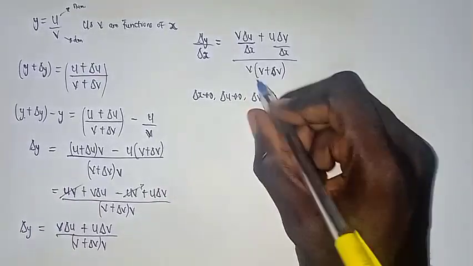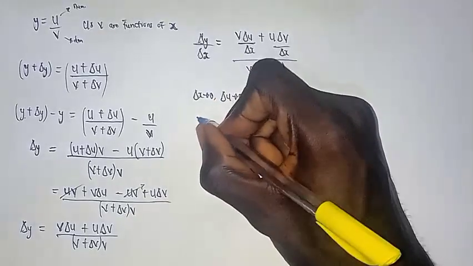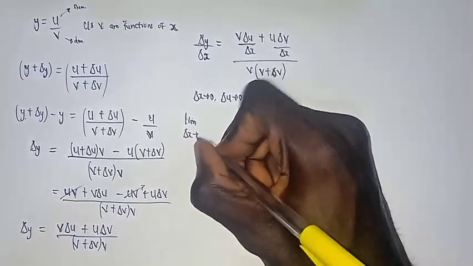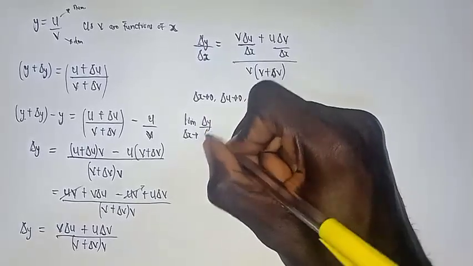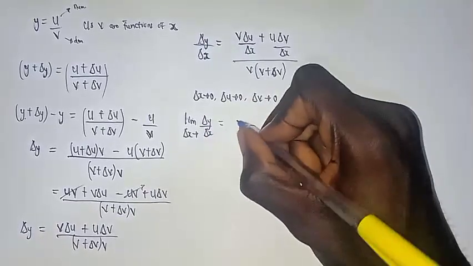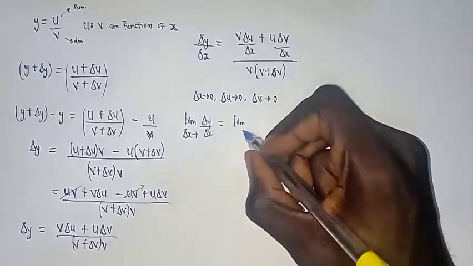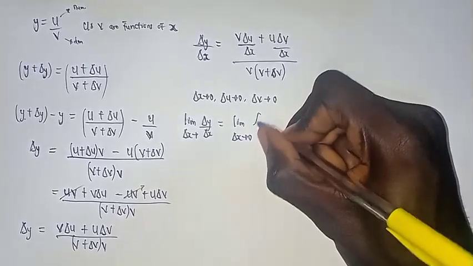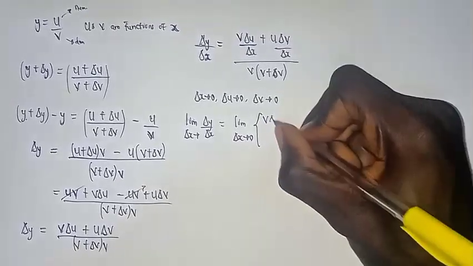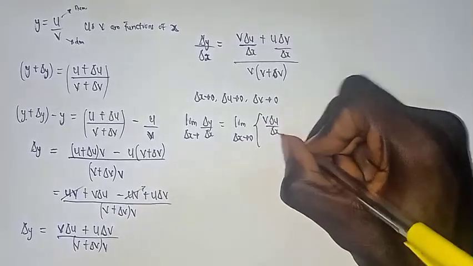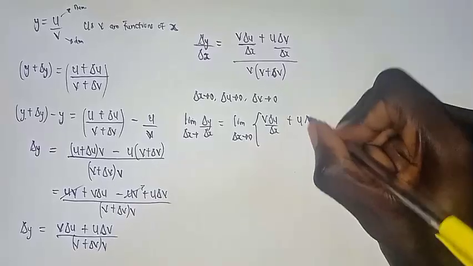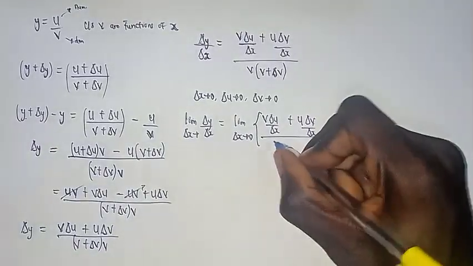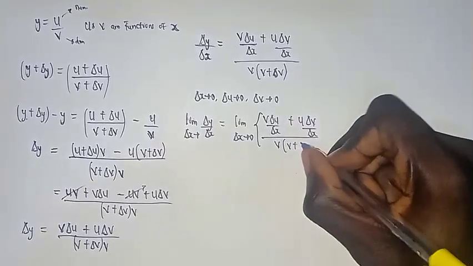So by taking the limit of this function, we have that limit as delta x approaches 0 of delta y over delta x is equal to limit as delta x approaches 0 of v delta u over delta x minus u delta v over delta x over v plus delta v.